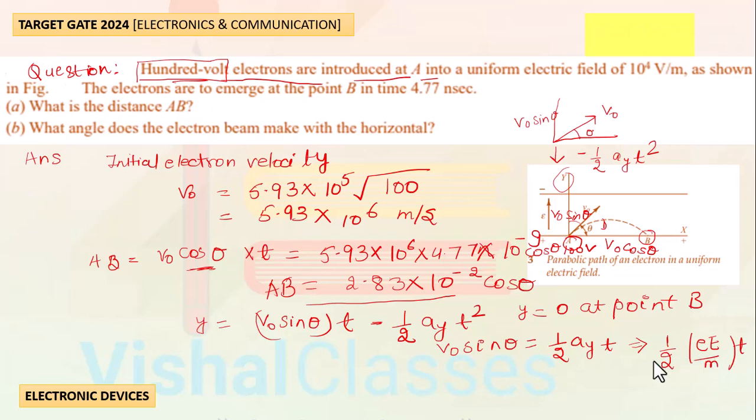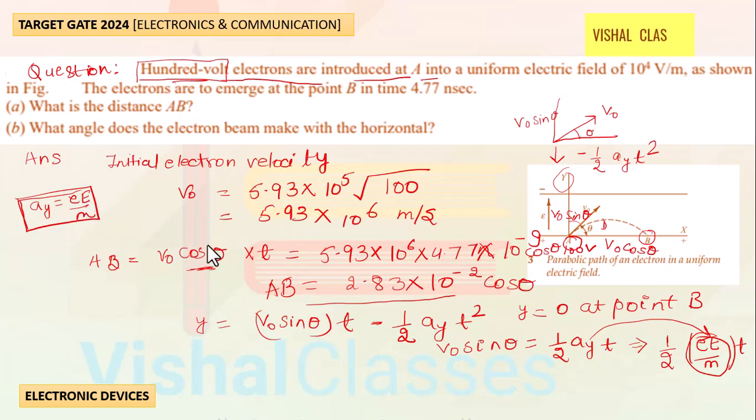For reference, please remember this: the A y value is E by m. Please note it in your formula notebook. The A y component, the acceleration, is given by E by m.